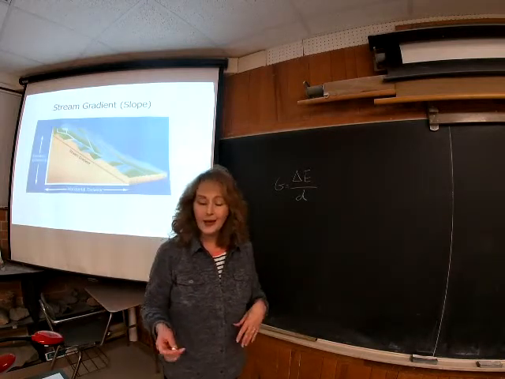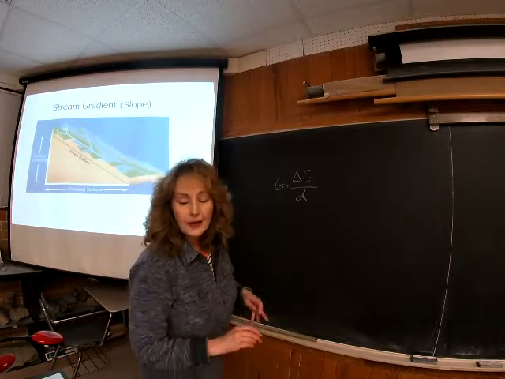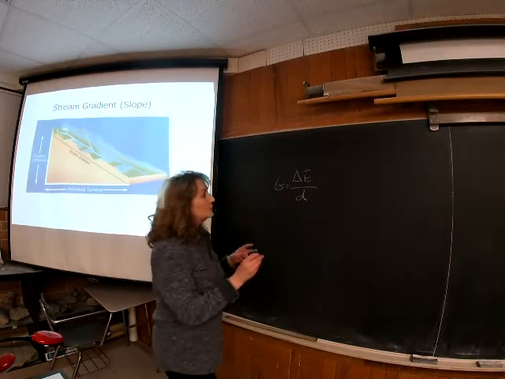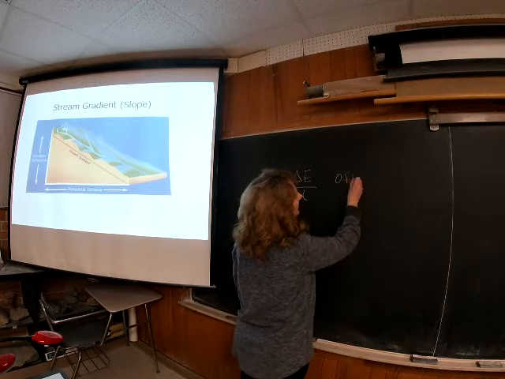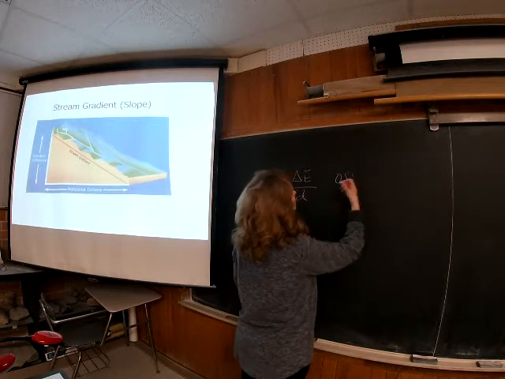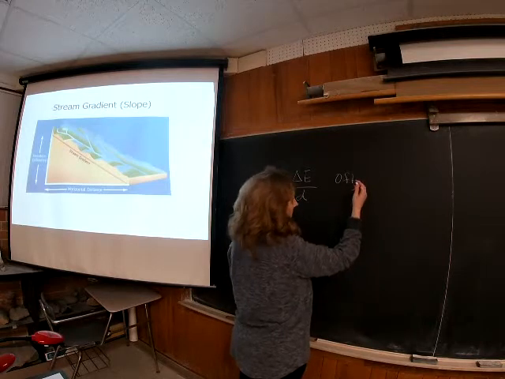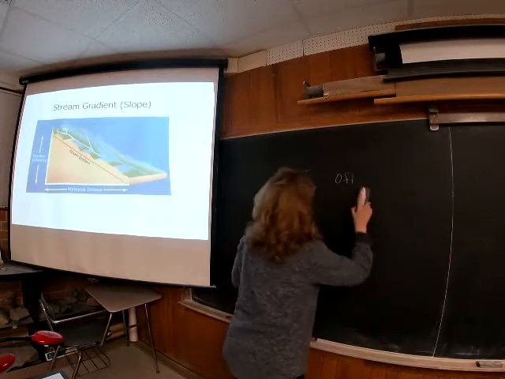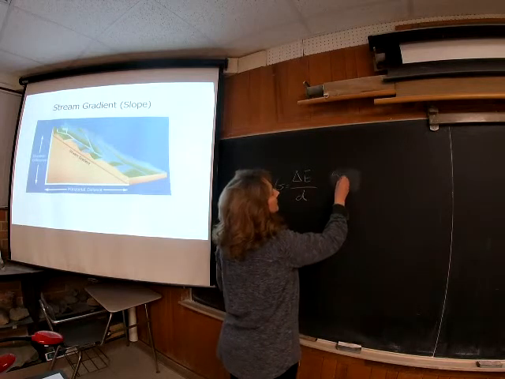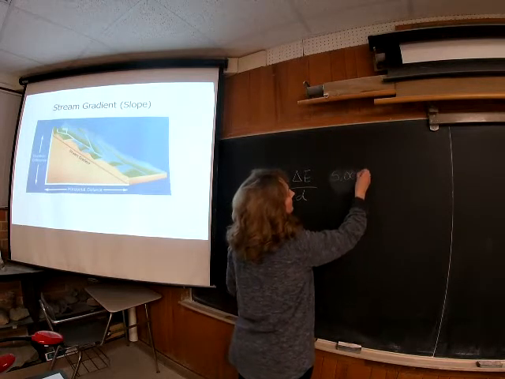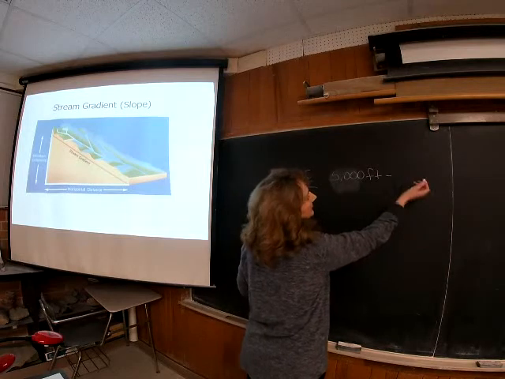And so let's say, and I've got some numbers here, let's say we had a change here. Our change in elevation was basically going from 5,000 feet down to 0, let's say.